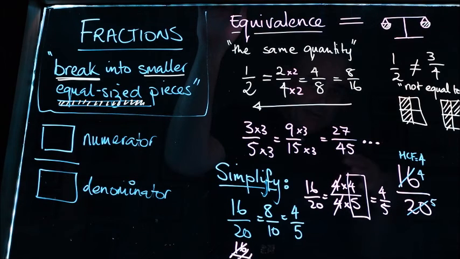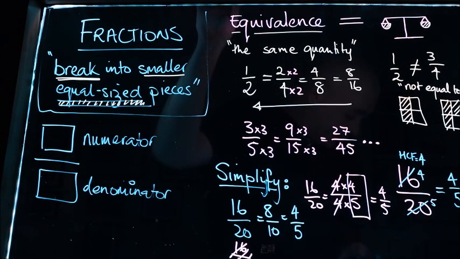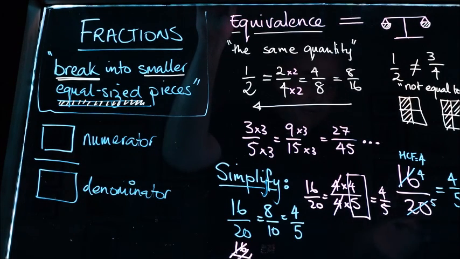And if I do a nice neat job of this, then I just rewrite my new fraction as 4 over 5. Now, the thing to understand is that these numbers are equivalent. Okay? They're representing the same amount.